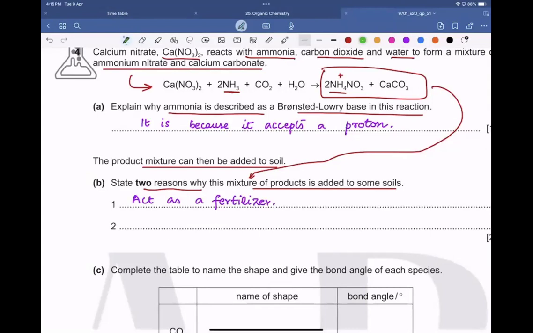And the other thing, that it neutralizes the acidic soil, is because of calcium carbonate present in it. Is this clear?